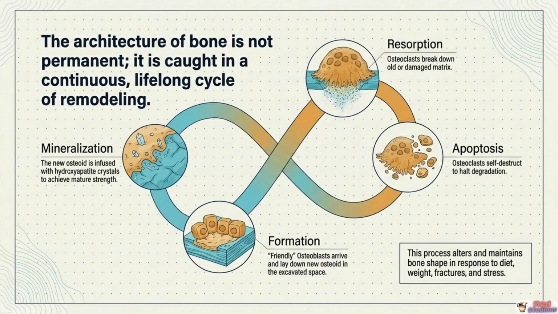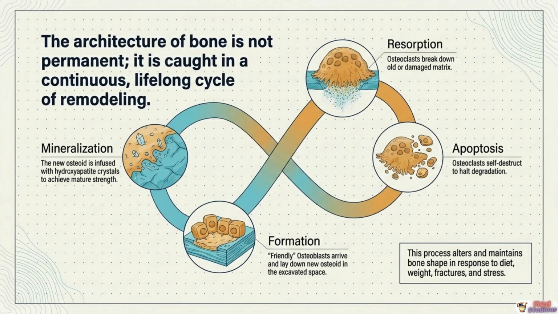Phase 3 is formation. Osteoblasts migrate into the resorption cavity and begin laying down fresh osteoid, filling the excavated space layer by layer. This phase takes significantly longer, approximately 3 to 4 months, because osteoblasts synthesize and deposit matrix far more slowly than osteoclasts resorb it. Phase 4 is mineralization.